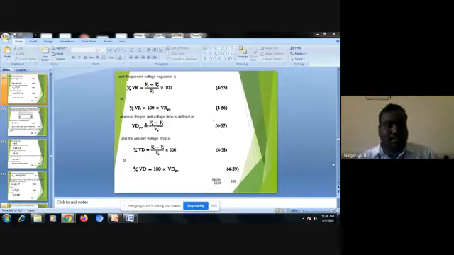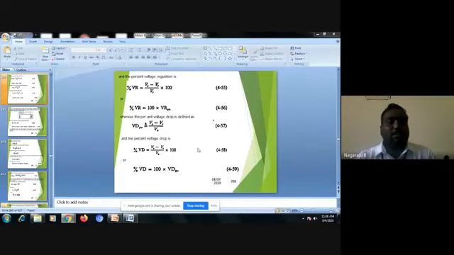Percentage voltage drop is equal to 100 into the voltage drop per unit. So this is the voltage drop calculation.